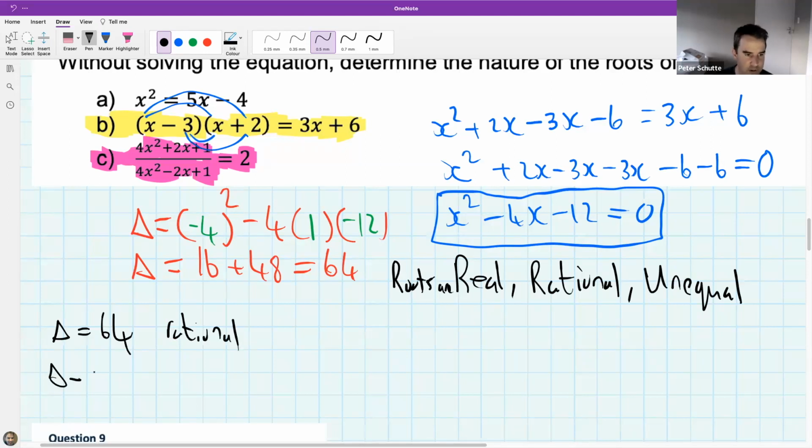But if delta in the previous question was 63, it would be irrational because 63 is not a perfect square, but it is still real, because the roots are real when delta is greater than or equal to 0. Both 63 and 64 are greater than or equal to 0, so they are real. Basically, we're looking for the perfect square. And the only time roots are equal is when delta is 0. That's not happening here.